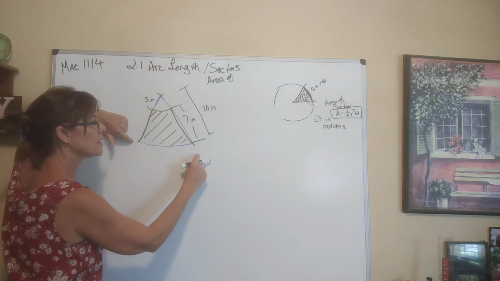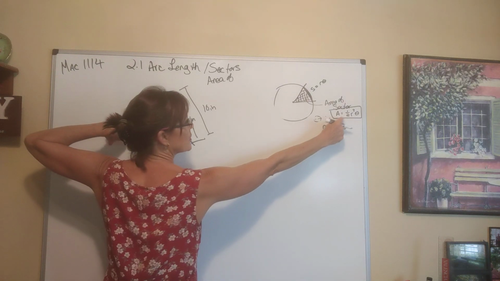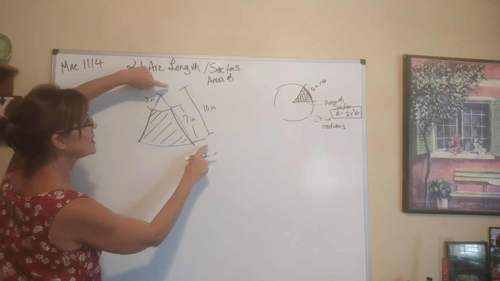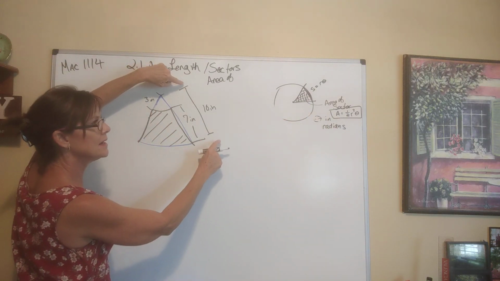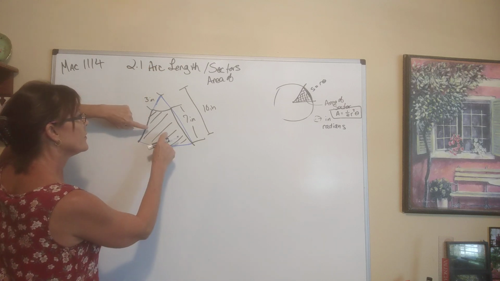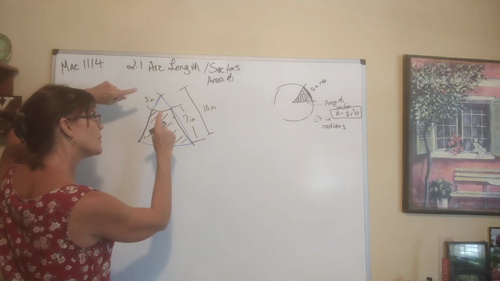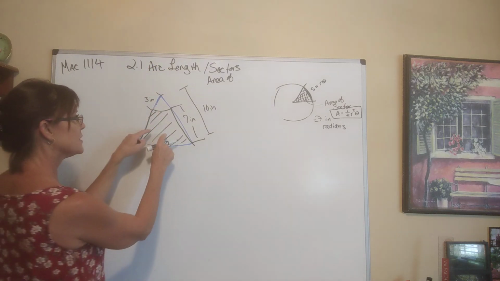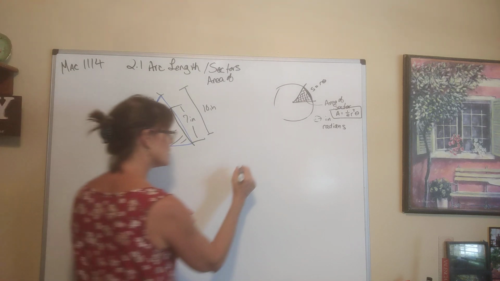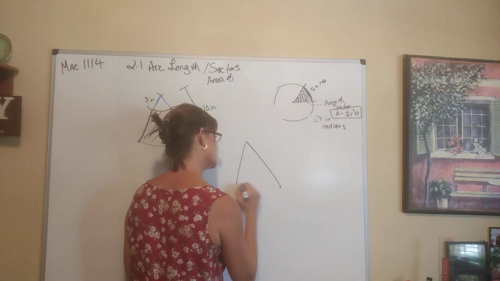We can find the area of the total sector using this formula right there, right? What would the radius of the total sector be? It'd be 10. But this is the only part that's being cleaned. So what we're going to do to find out how much is being cleaned is, let me draw this again so we can see.